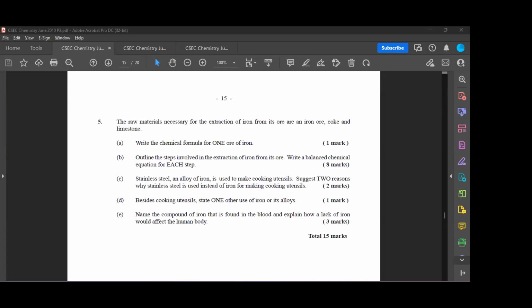And that carbon monoxide is used to reduce the iron ore, which gets the iron from the ore itself, producing carbon dioxide. I will show that reaction later, but if you know the different steps, you can be guided by the reaction itself.